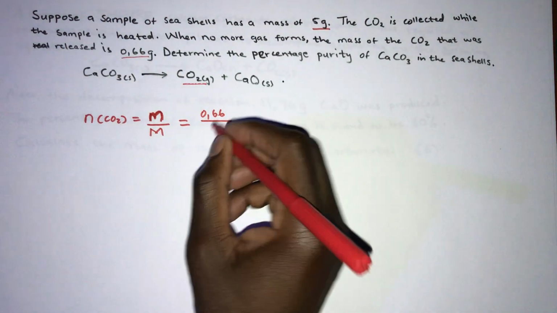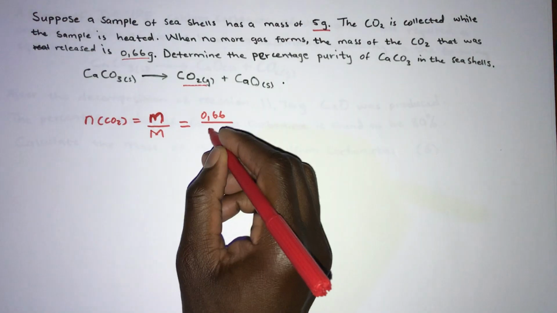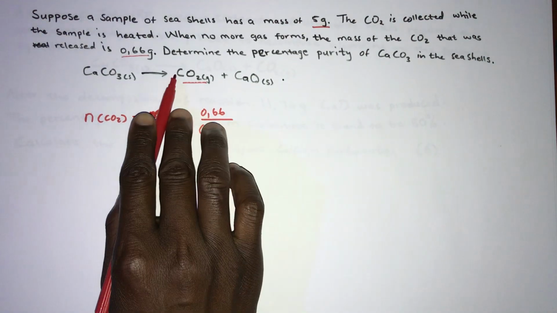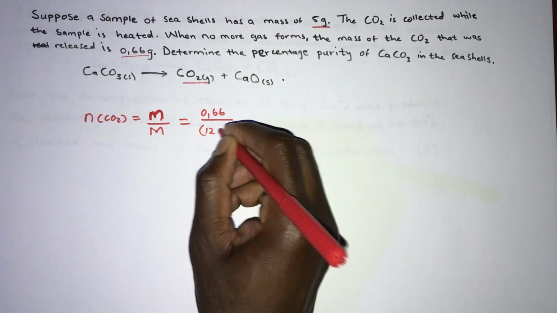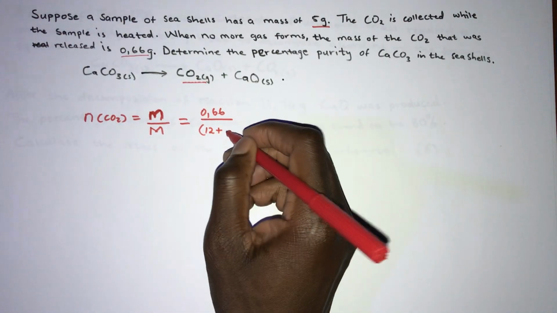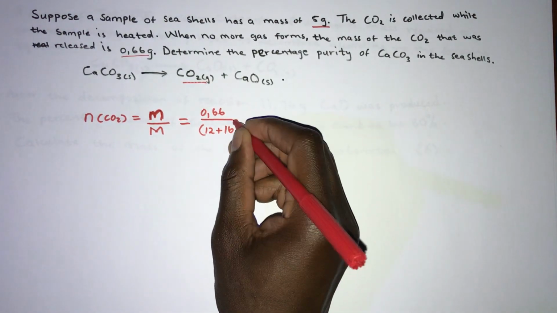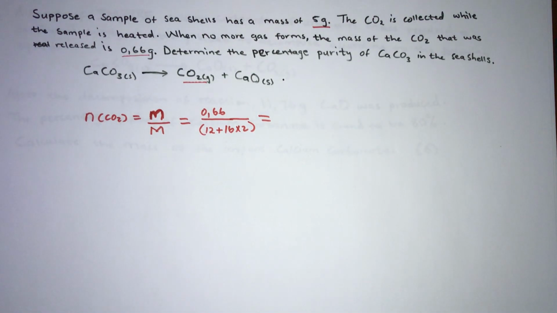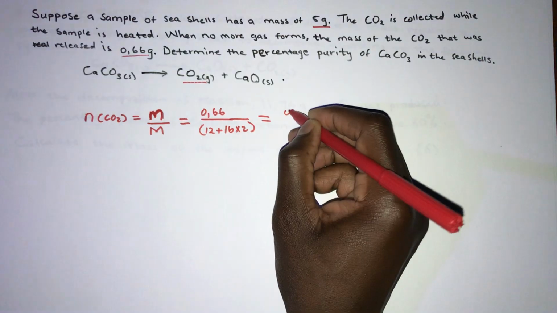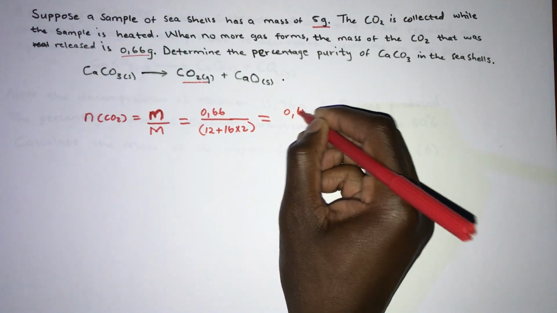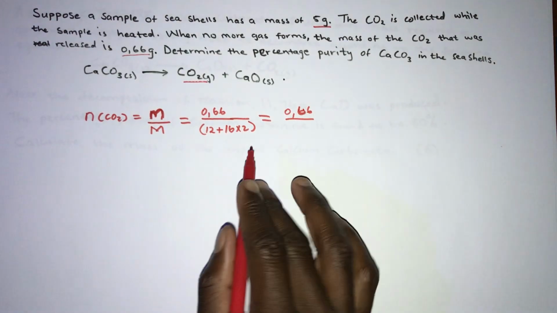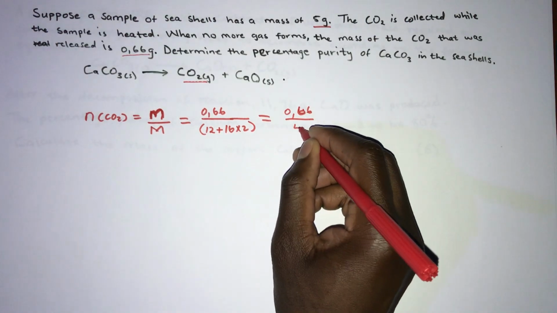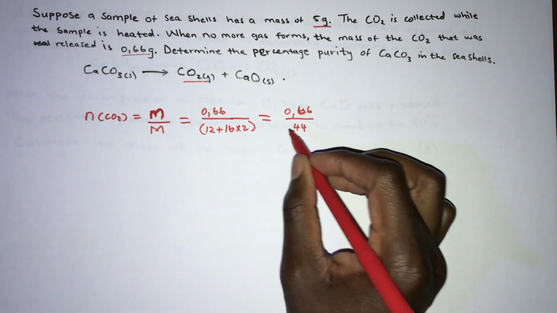Now, the molar mass: the molar mass for carbon is 12 plus oxygen, that is 16 times 2 because it's O2. So this one is going to give us 44, the molar mass.